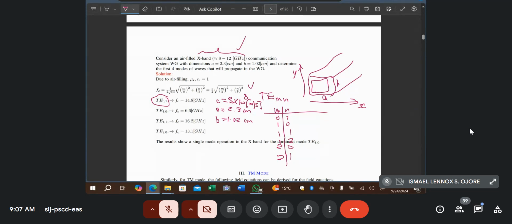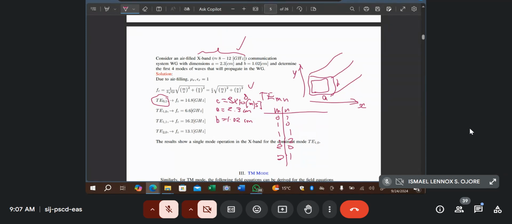Any wave above that cutoff, and we are talking about the X band, 8 to 12 gig, is higher than the cutoff for TE10, so it will be able to propagate forward.